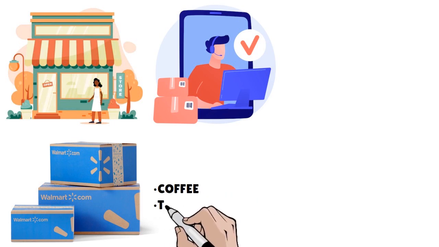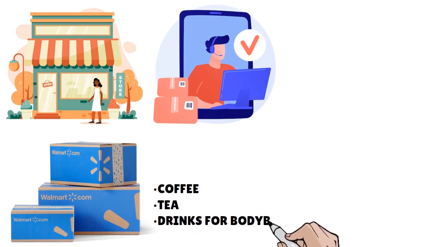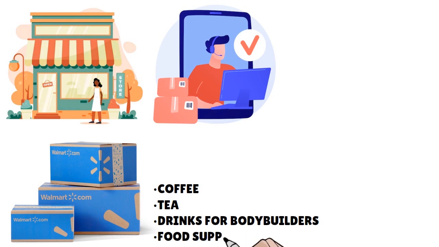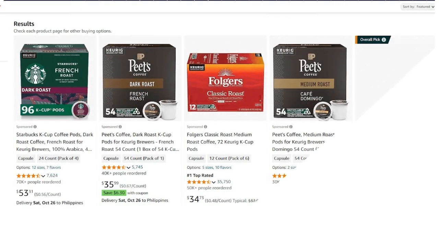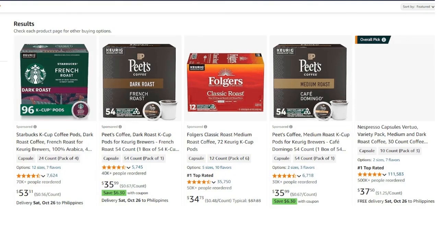You have coffee, tea, drinks for bodybuilders. You also have food supplements. This is kind of cool. And dropshipping coffee is one of the best options because there are coffee suppliers who will create your personal or unique brew for you. It's also not as heavily regulated as energy drinks and food supplements. So it's a low penetration niche that you can really think about this year.